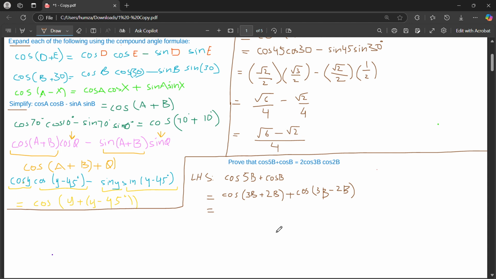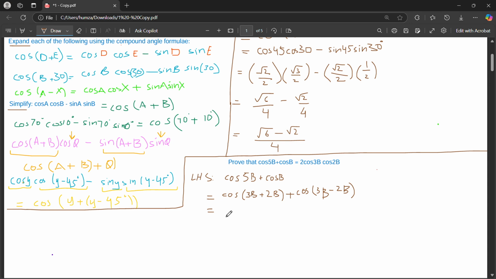So we can say that 3b minus 2b is just b. Now we can use the formula which is given in our exam sheet. The cos alpha plus beta is equal to cos alpha cos beta minus sin alpha sin beta, and we can write this expanded form in terms of that.